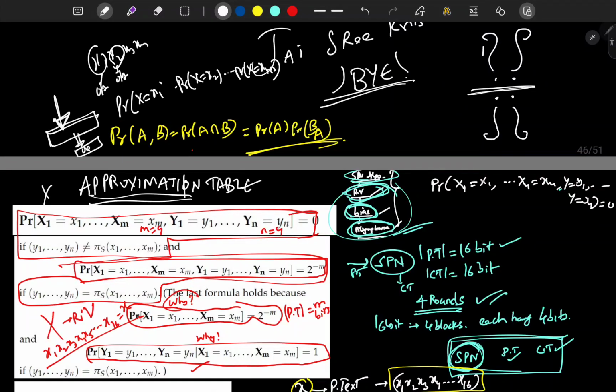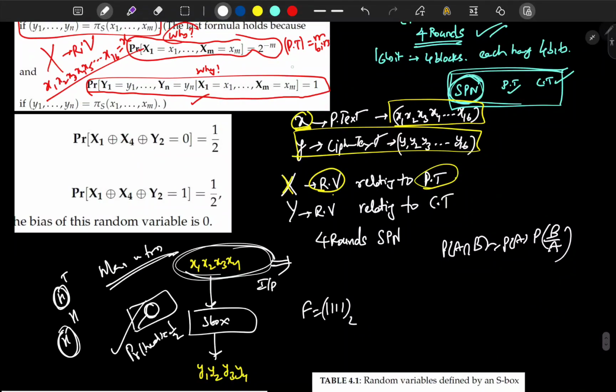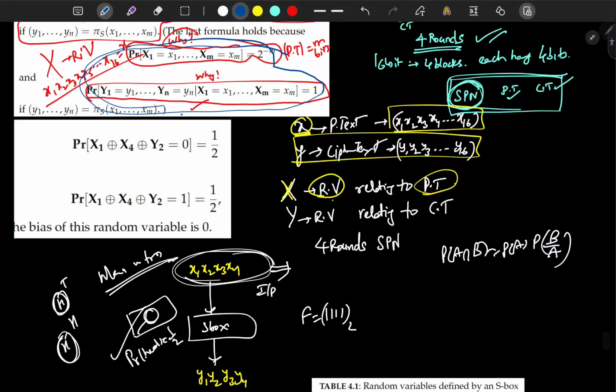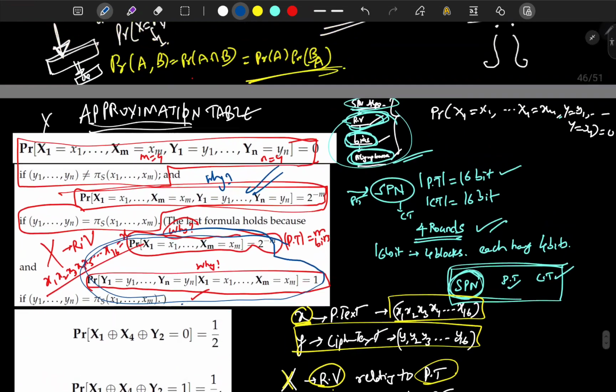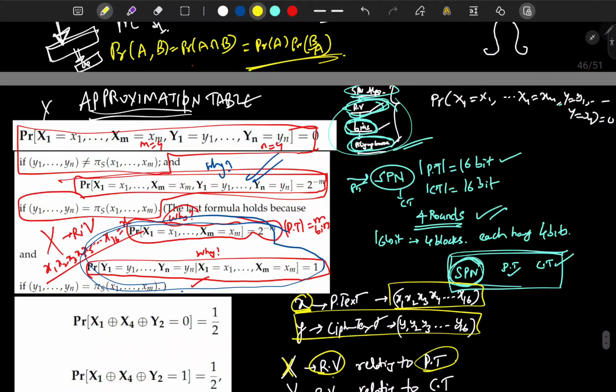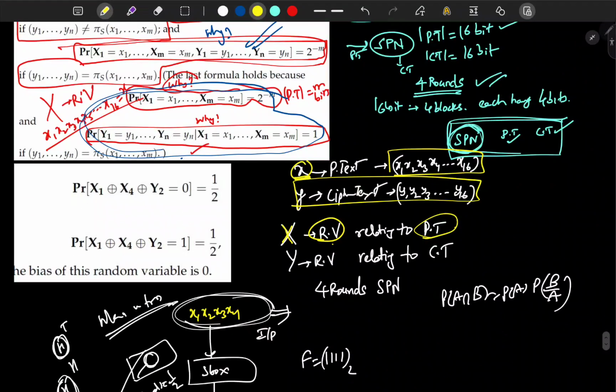Like that, since everyone has two choices, the product of 1 by 2 terms will become 1 by 2 power m. So why am I telling this? From these two I can conclude that this is right, because of this formula. This probability is 1 by 2 power m and this value is 1, so this whole value is nothing but this value. Okay, fine. Let's go to the next.